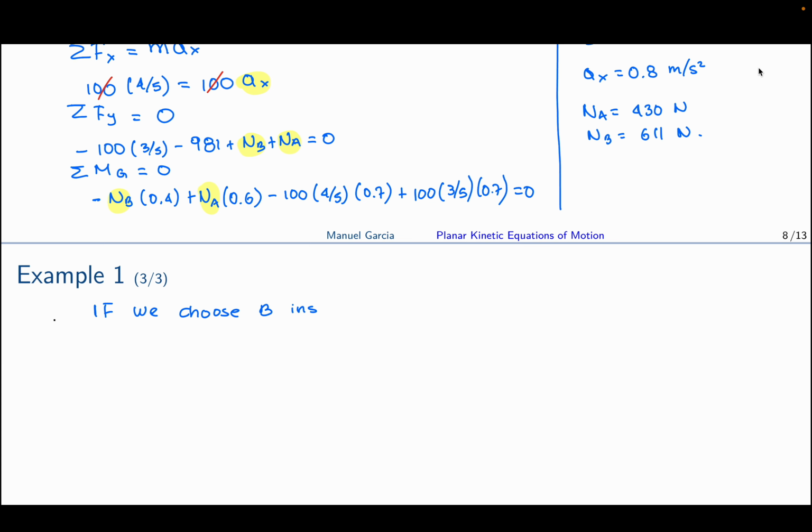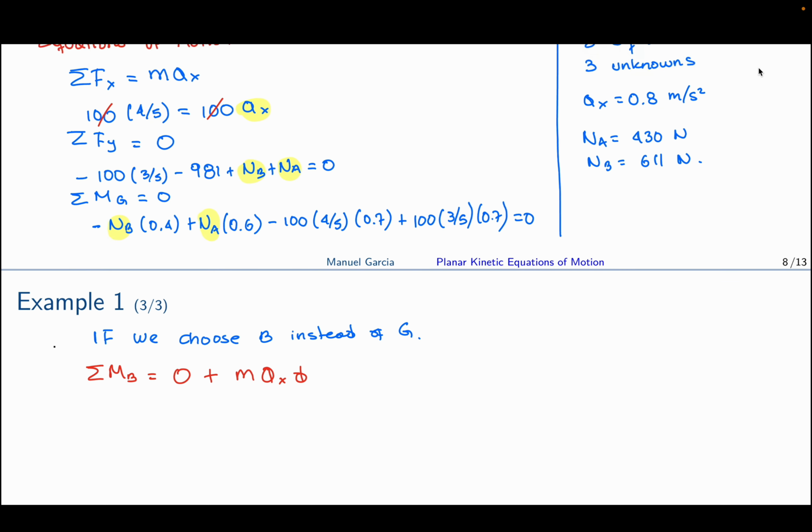So this is if we choose B instead of G. So we have that the sum of the moments at B is equal to the moment of inertia multiplied by alpha, but alpha is 0, so the first part is 0, but the second part is not 0, which is the mass multiplied by the acceleration in x multiplied by the distance.